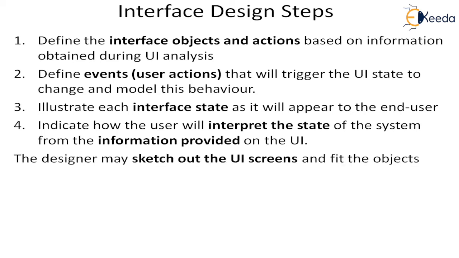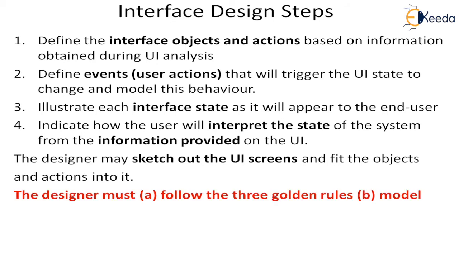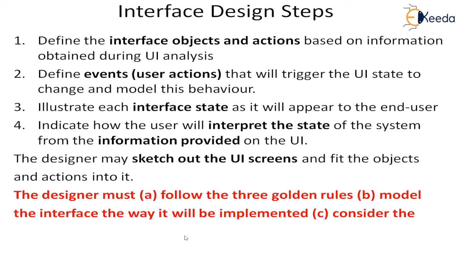And at this stage, the designer may sketch out the user interface screens and fit the objects and also the actions into it. When he does these design steps, he should follow the three golden rules, and he should model the interface the way it will be implemented, not whatever way the user will want it, how it will show to the user.